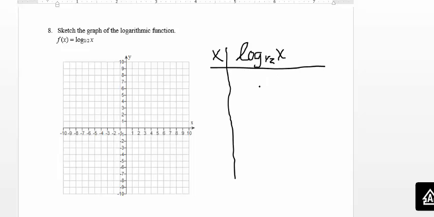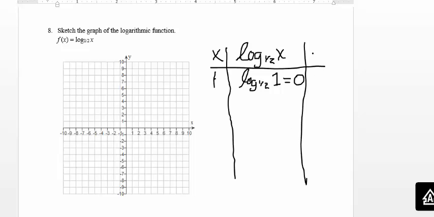That's what my y value is going to be. So I'm going to pick x equal to 1. So the base 1/2 log of 1 is of course 0, because 1/2 to the 0 is 1.